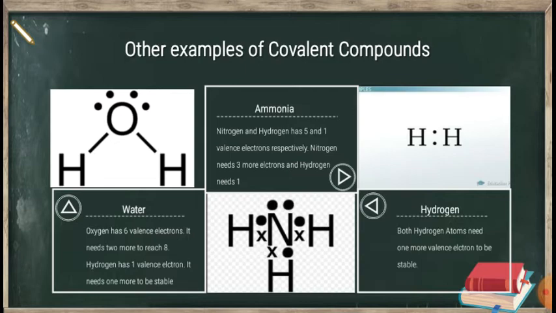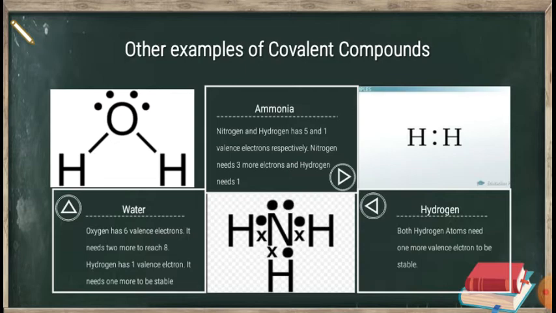Now, nitrogen needs 3 more electrons, and the hydrogen needs one. So, as you can see here in the molecular structure of ammonia, we have 3 hydrogens, so that nitrogen will have a complete or full shell of 8 electrons, and all of the hydrogens here have 2.